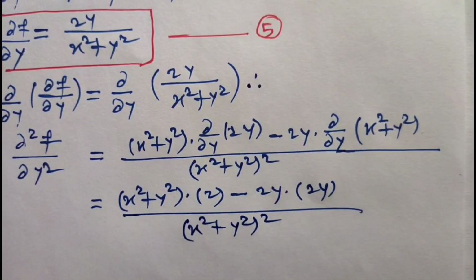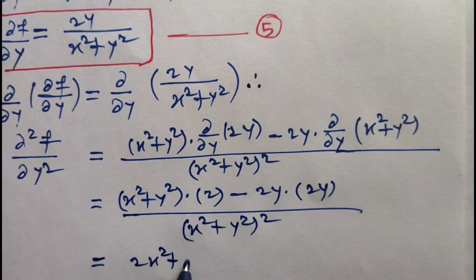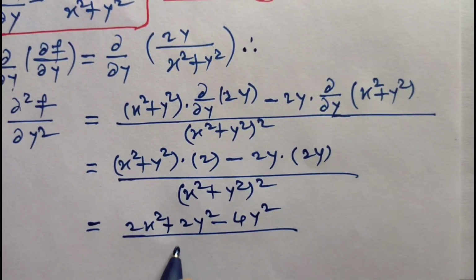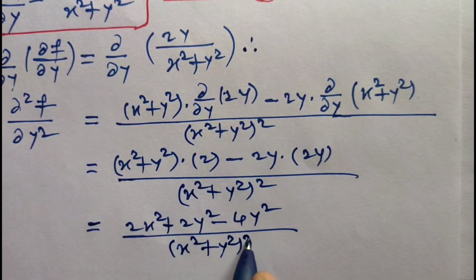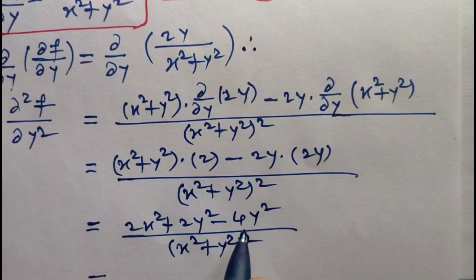Simplify this: this is equal to 2x² + 2y² − 4y², divided by (x² + y²) squared, and this is equal to 2y² − 4y², that is −2y².